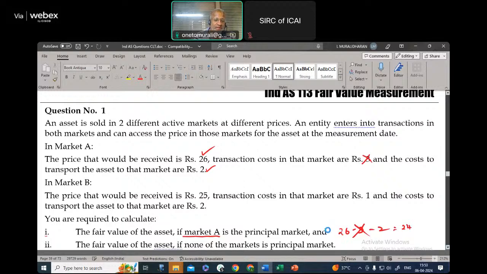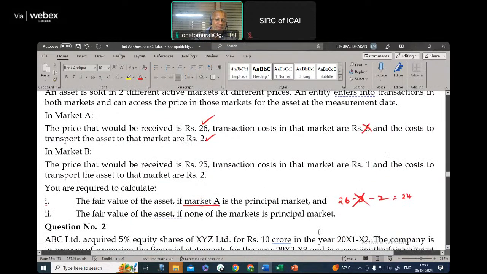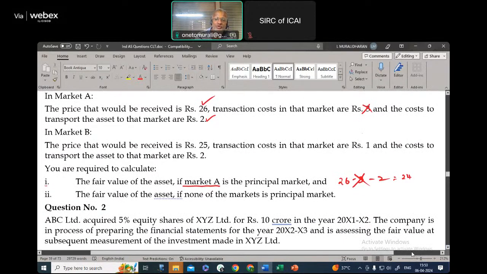Then for the fair value of the asset if none of the markets is a principal market, I need to know what is the most advantageous market. How to arrive at the most advantageous market for A and B?